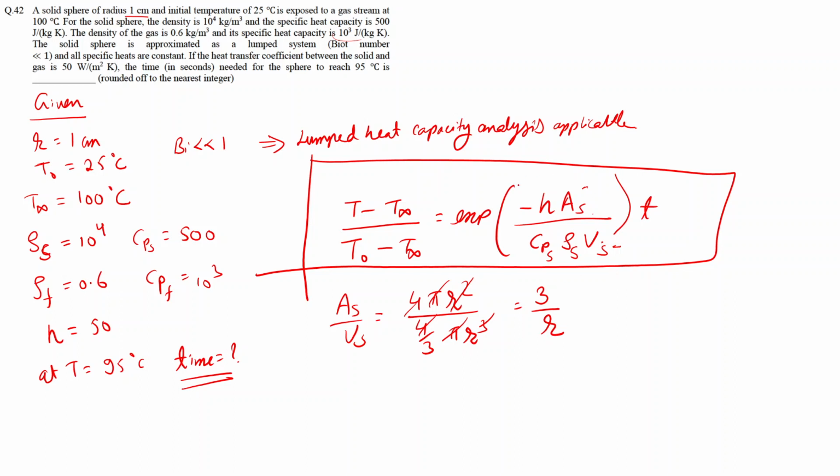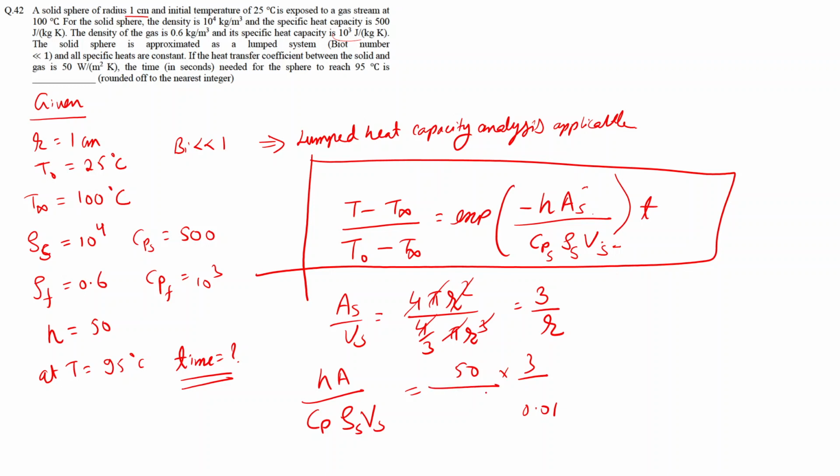Now similarly, we will calculate the entire term inside the bracket, that is h A upon Cp rho s into Vs. So h we have been given as 50 into A by V, we have 3 upon r, and r we have been given as 1 centimeter. So let's convert it into meter. So it will be 0.01 meter upon Cp of solid.